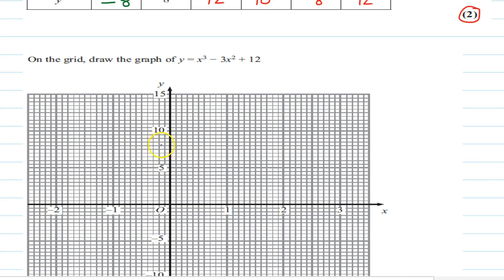Because there are 10 boxes here, 7.5 will be the middle one, and then 2 boxes above, so minus 2 and 8. So let's take the value. This is minus 2 and 8 nearly here somewhere. Okay, so this is our point.